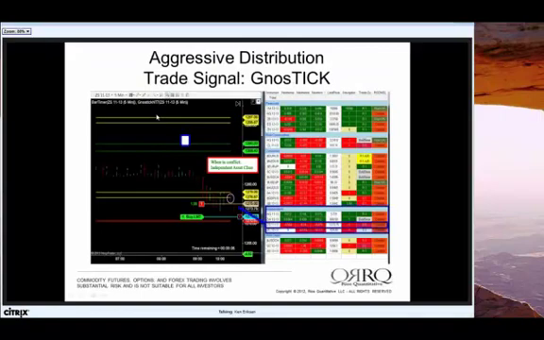Aggressive distribution. We're in conflict, allowing us to look at the independents or the wild cards. Soy is red in all 3 time frames.